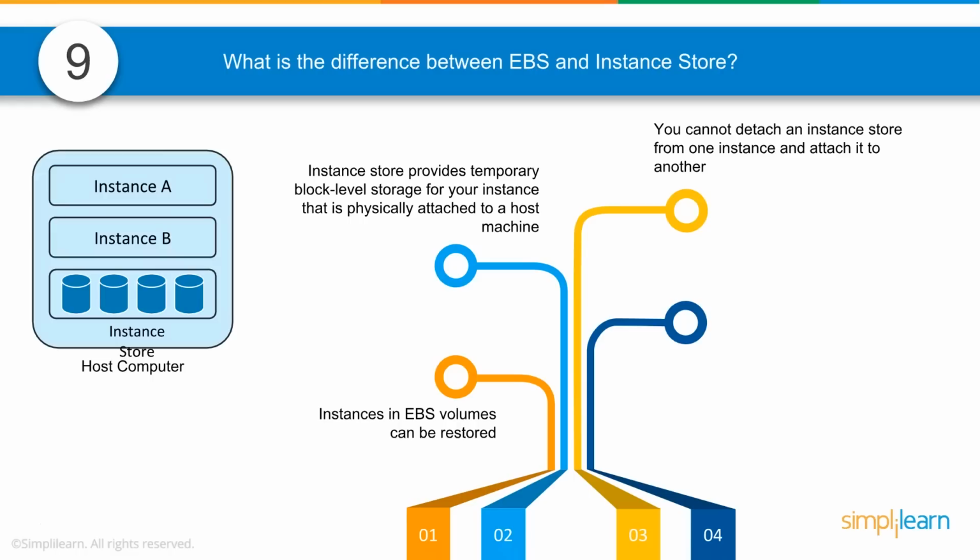EBS is permanent data, instance store is volatile data, and with instance store we won't be able to detach the storage and attach it to another instance. Another feature of instance store is that data in an instance store is lost if the disk fails or the instance is stopped or terminated. So instance store is only good for storing cache data. If you want to store permanent data, then we should think of using EBS and not instance store.